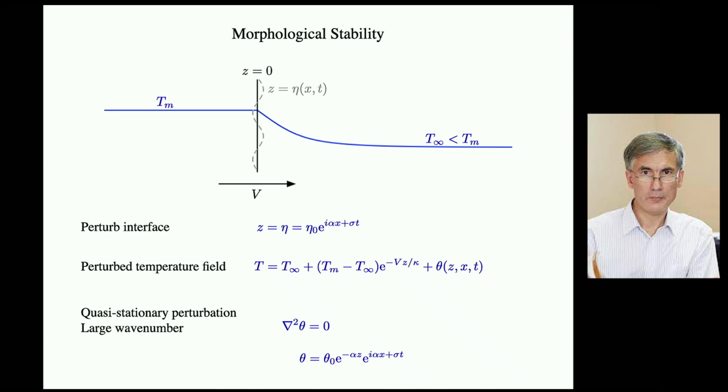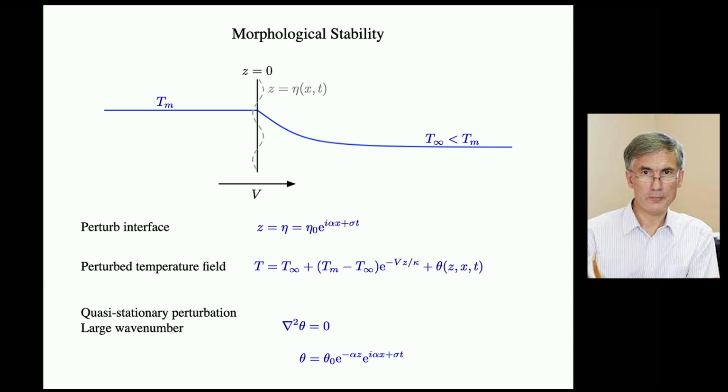So we're simply going to solve Laplace's equation for this temperature perturbation theta. And that's very easy to do. We know that because of linearity, theta is going to depend on e to the i alpha x. And in order to solve Laplace's equation, that e to the i alpha x must be multiplied by an e to the minus alpha z.